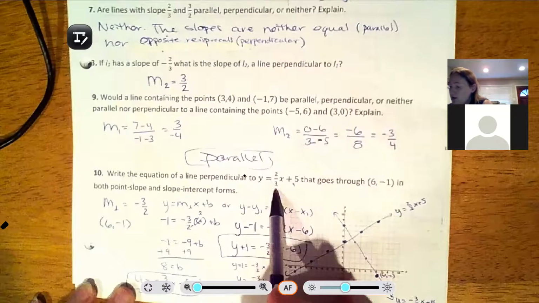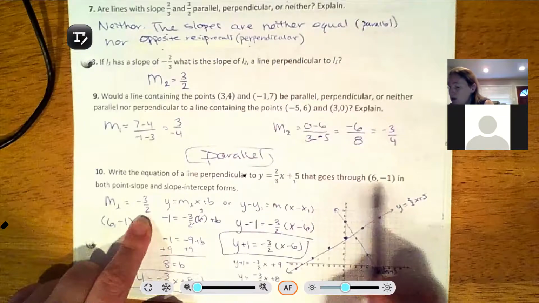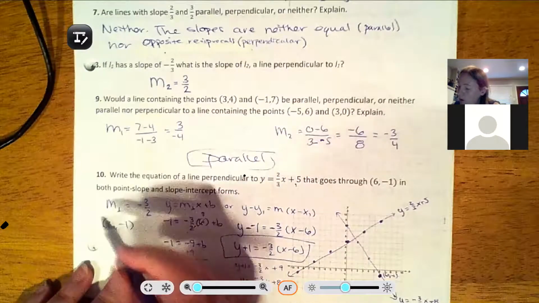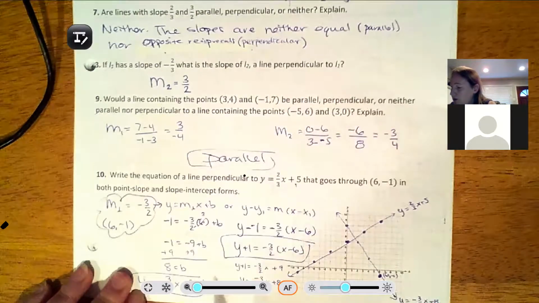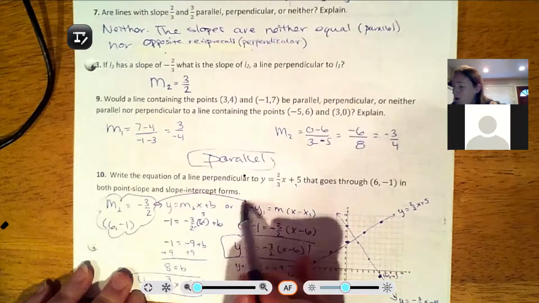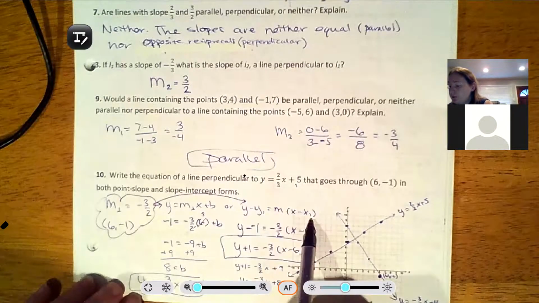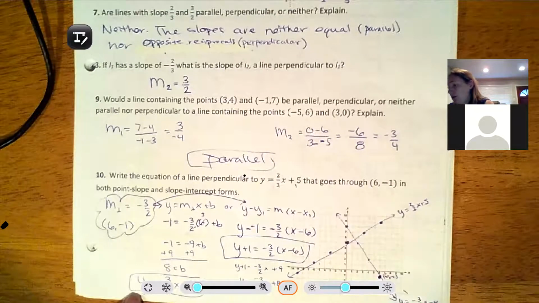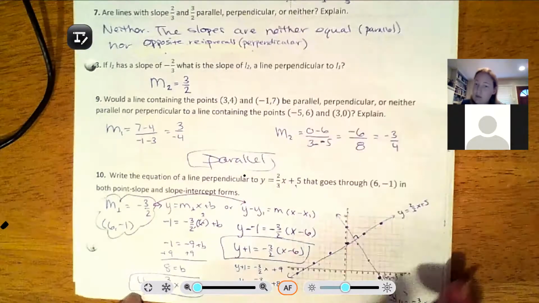So the slope for the perpendicular would be -3/2, and we want it to go through this point. This is the information we have, and we're going to write the equation, either into y equals mx plus b, or into y minus y1 equals m times x minus x1, point slope. And then if we graph it, just to confirm it, it does end up looking like that perpendicular 90-degree angle. So it's a nice confirmation.